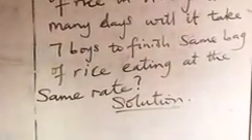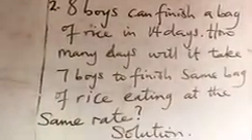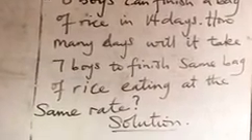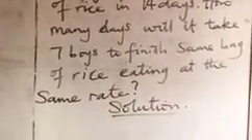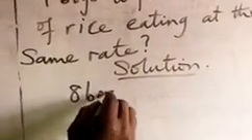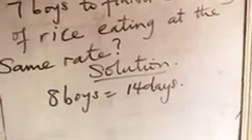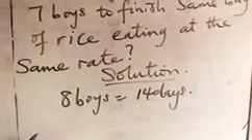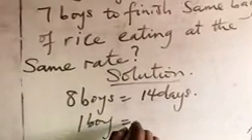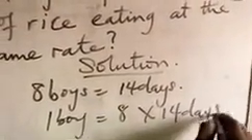Solution. The question says 8 boys can finish a bag of rice in 14 days. How many days will it take 7 boys to finish the same bag of rice eating at the same rate? So the first thing we do is 8 boys equals 14 days. Therefore, 1 boy equals 8 times 14 days.